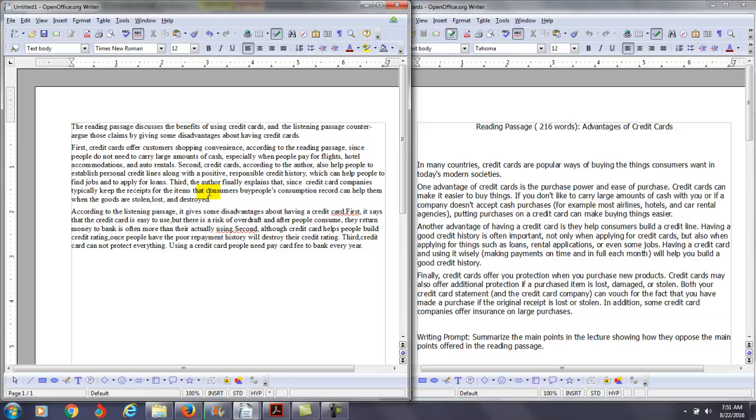I'm going to say the author finally explains that since credit card companies typically keep the receipts for the items that consumers buy, people have protection when the goods are stolen, lost, or destroyed. Okay, I think we have it.